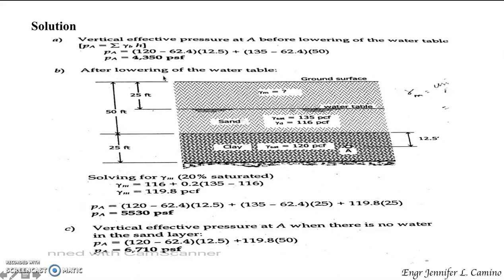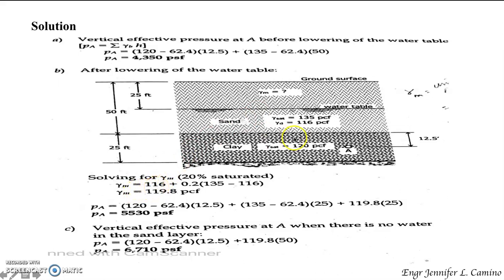For this one, to get the effective stress at point A after lowering the water table, we have to get first, when you lower the water table, you lower it by 25 feet, and the degree of saturation as we lower the water table was lowered by 20%. Meaning to say, we have to get the unit weight for this one as we lower the water table.